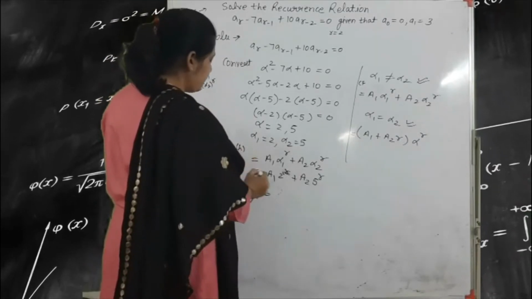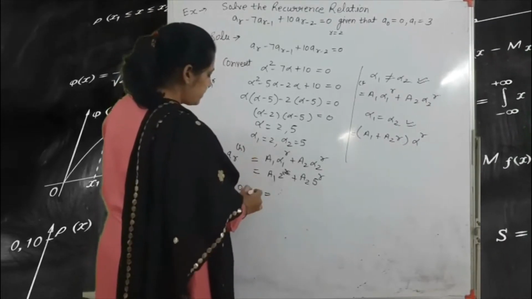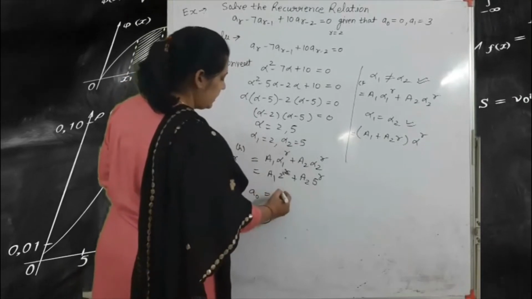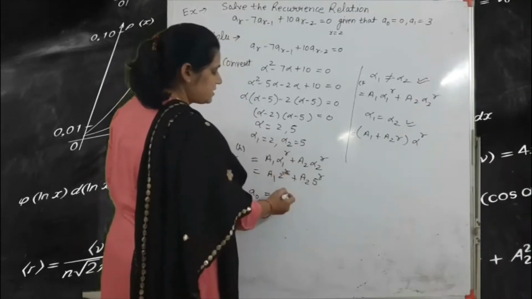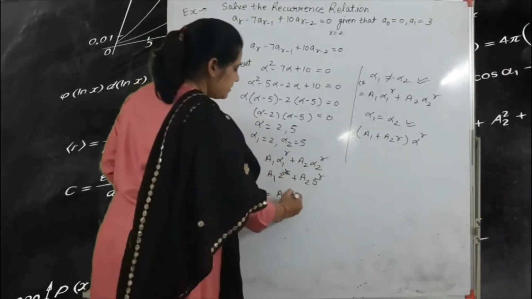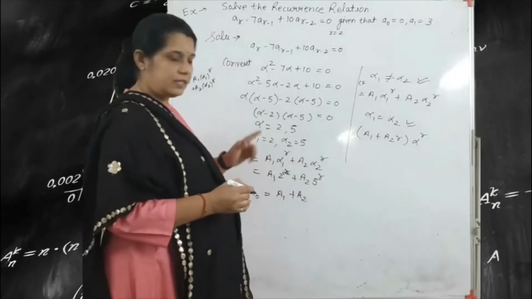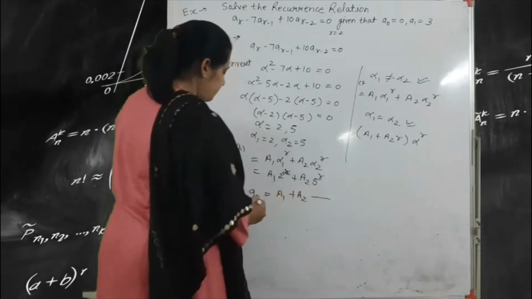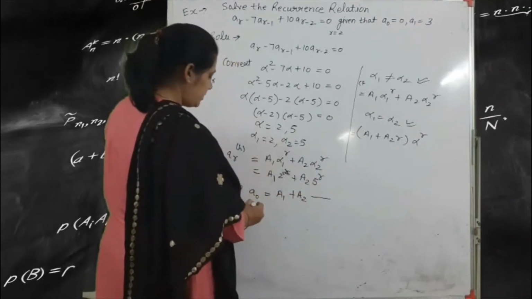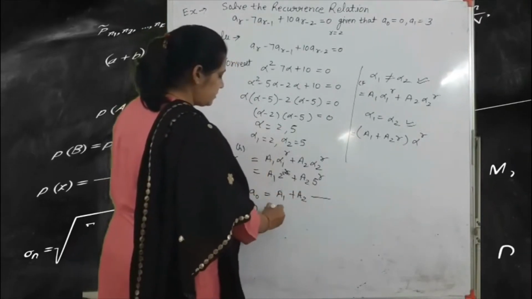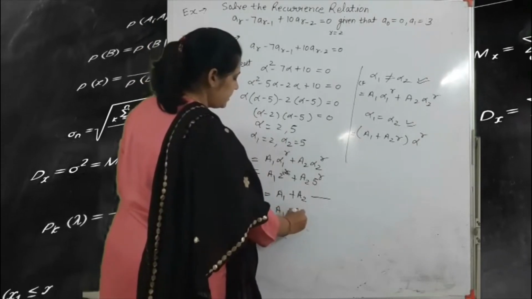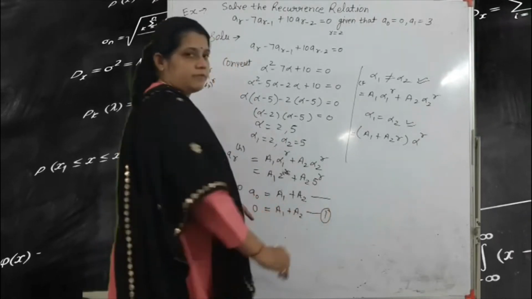A0 is equal to A1 times 2 raised to the power 0, that means 1, plus A2 times 5 raised to the power 0, that means 1. So this is your first equation, and here we put a0 equal to 0. So 0 is equal to A1 plus A2. This is your first equation.